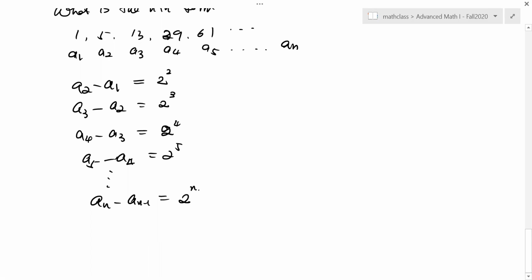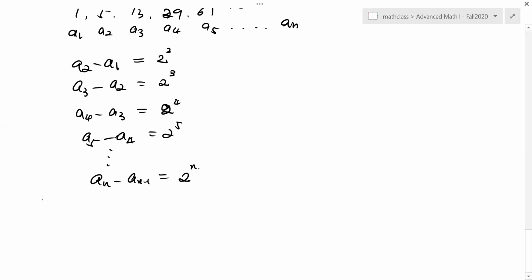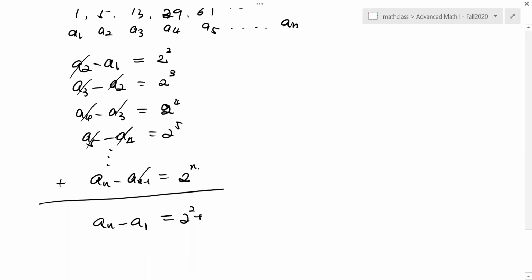But can I get AN from here? The answer is yes. You just add them all together. Then you will see A2 cancels out, A3 cancels out, A4 cancels out, right? All that is left is AN minus A1 on the left-hand side. On the right-hand side, you get 2 squared, 2 cubed, 2 to the 4th power, all the way to the nth power.